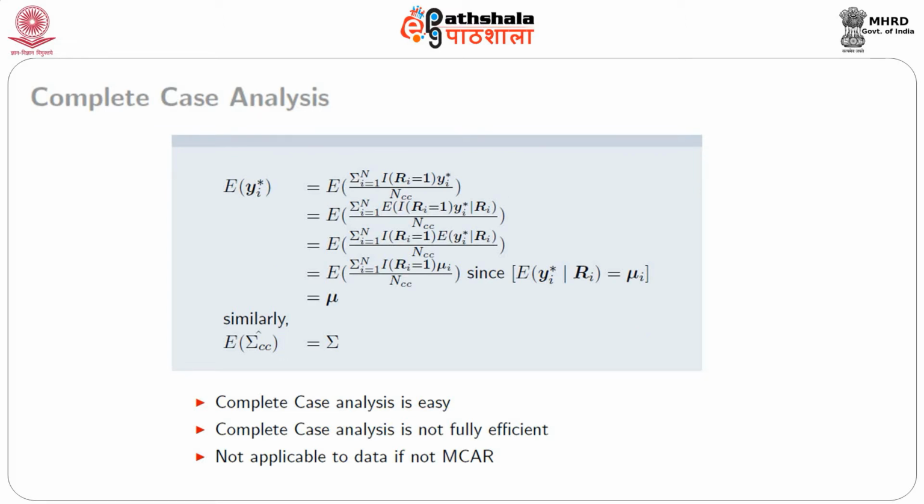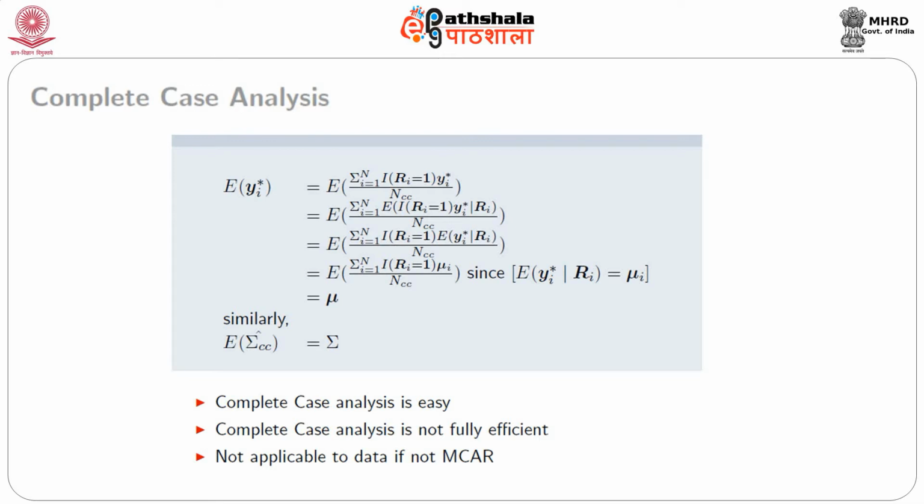Now, there is a result that if the data is MCAR, that is, missing completely at random, then the complete case estimator is an unbiased estimator of the population mean mu, and the complete case estimator for the population variance covariance is an unbiased estimator of the population variance covariance.